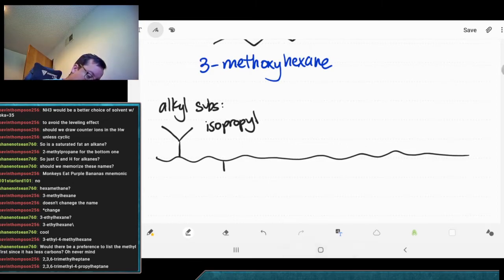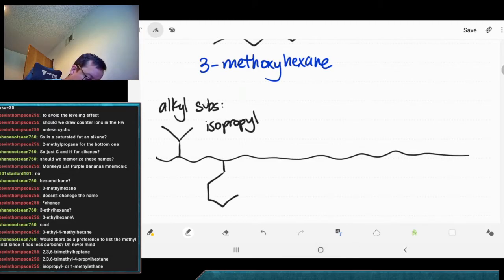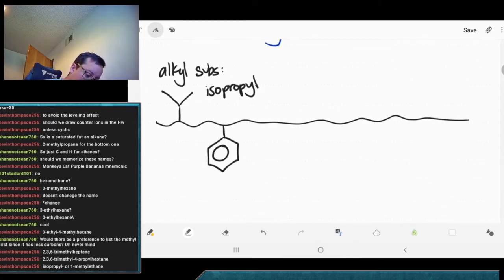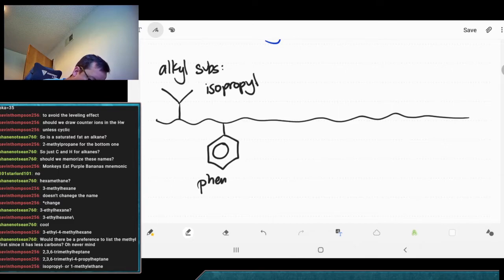We have another one, phenyl, which is a benzene ring. Yes, it would be 1-methyl ethyl, actually. But we'll talk about that because we need them to both end with the -yl ending. So phenyl.